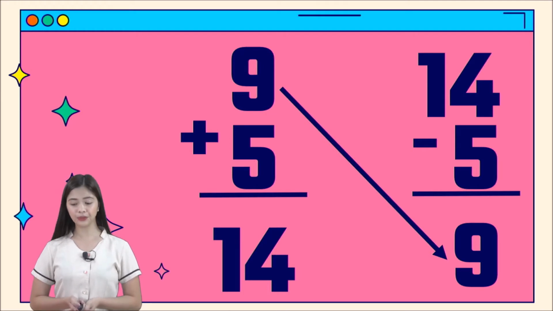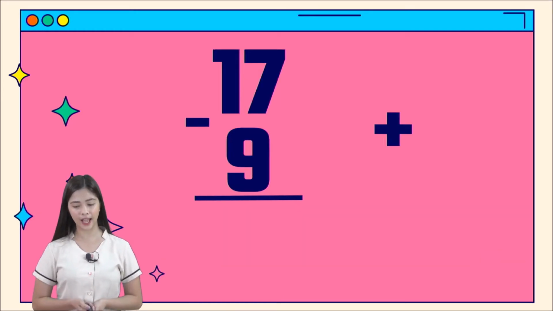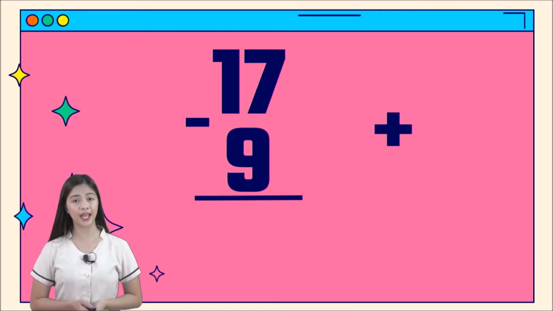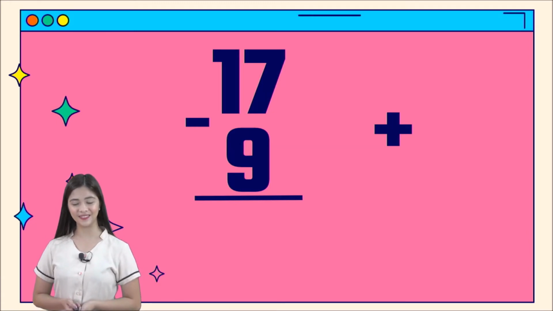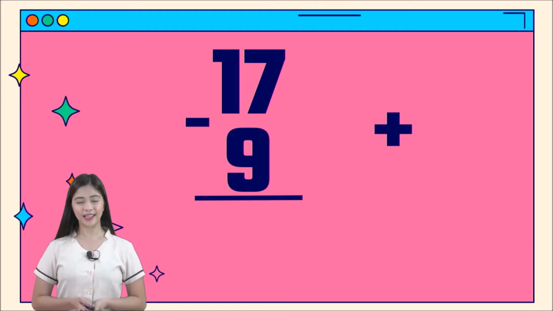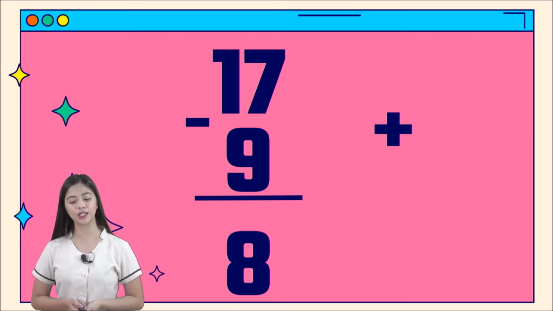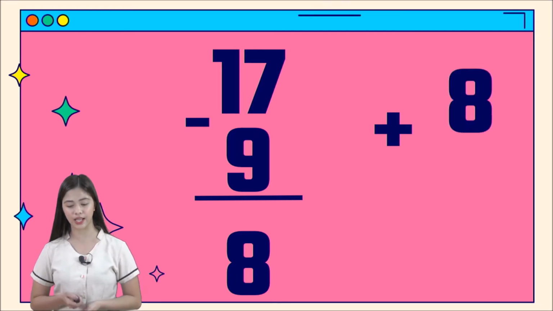Now, let's use first the subtraction. Let's have 17 minus 9 is equal to, do you know the answer? Very good. 17 minus 9 is equal to 8. So in here, we can use the difference 8 as one of the addends. So let's use 8.